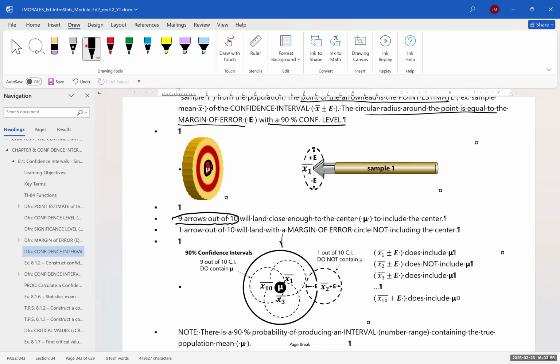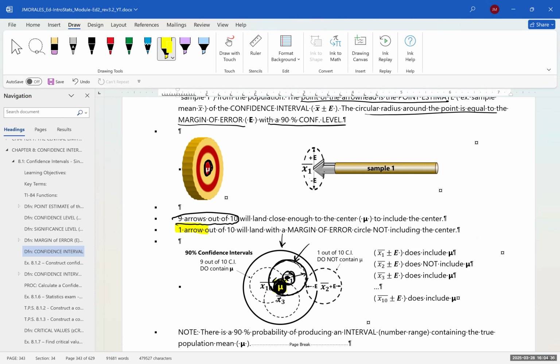What I've drawn below is the mean of sample one at the center. If you had plus error and minus error, that creates this circle. And you can see this interval around the sample mean includes our population mean. So there's a 90% chance that the confidence interval you made actually includes the population mean.